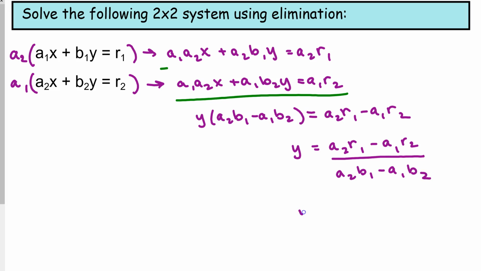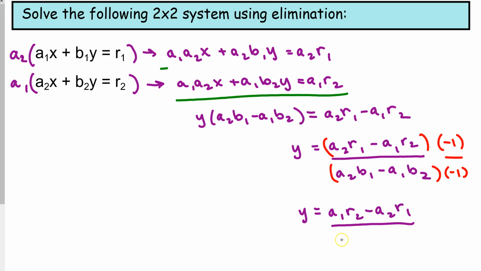And I'm actually going to multiply the numerator and denominator by -1, just because I want things to go in a particular order, and I don't have that order yet. And that gives me A1 R2 minus A2 R1 over A1 B2 minus A2 B1.